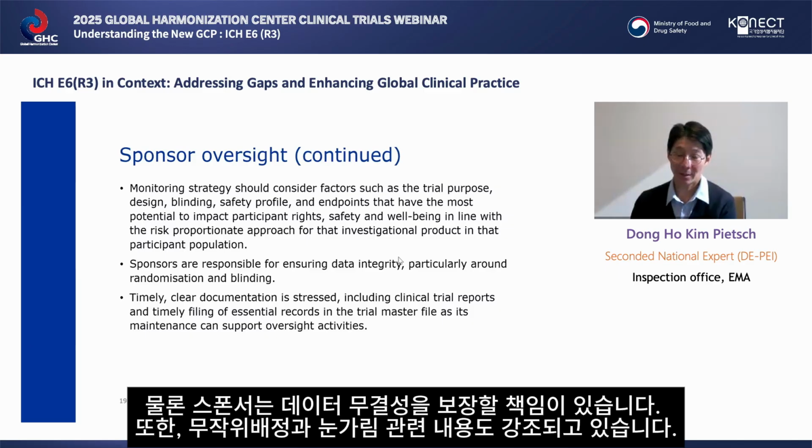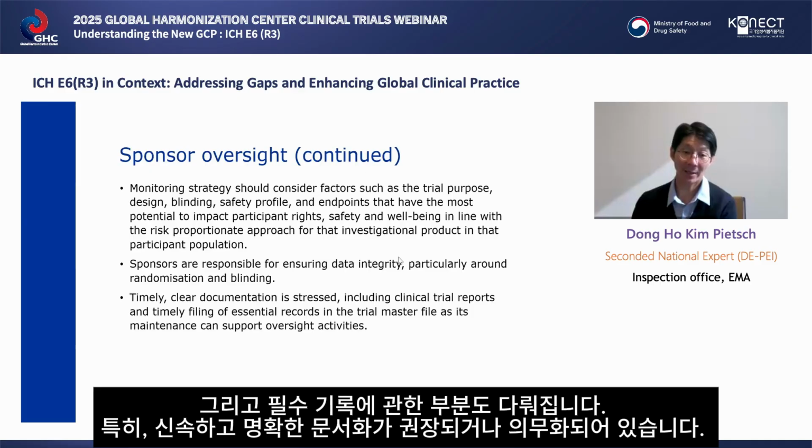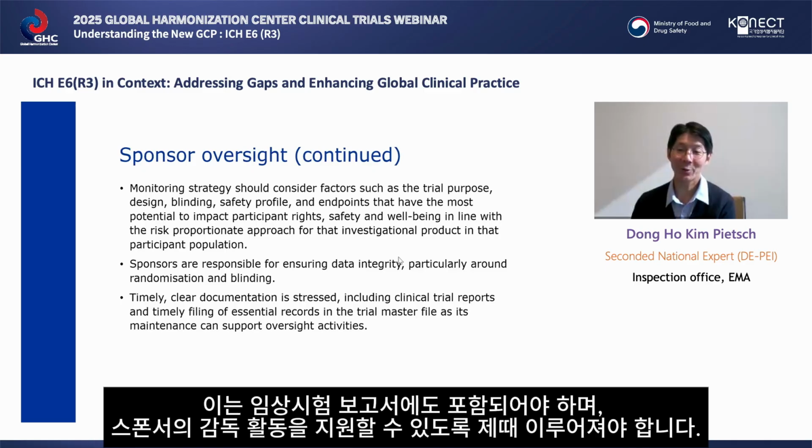A few topics or areas are highlighted again around randomization and blinding. I'll come to the essential records later, but here timely and clear documentation is really stressed, even mandated, including in clinical trial reports, and to do this in a timely manner, as this can support the oversight activities by the sponsor.